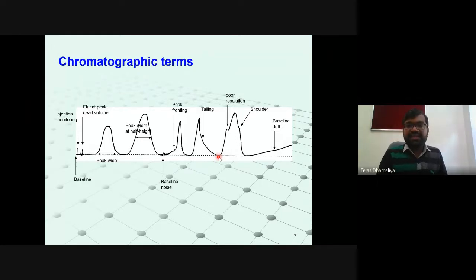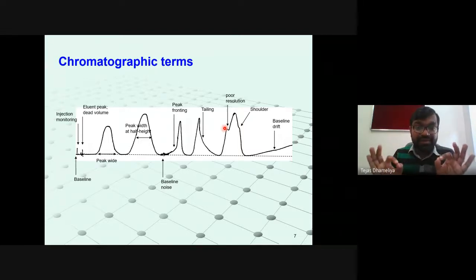Okay, and these are the other kinds of things. Sometimes it is caused by poor resolution. Resolution is a different word. The dictionary meaning of resolution is how close two points are to each other. If it is said that resolution is higher, it means the instrument is capable enough to distinguish two closer points apart from each other.